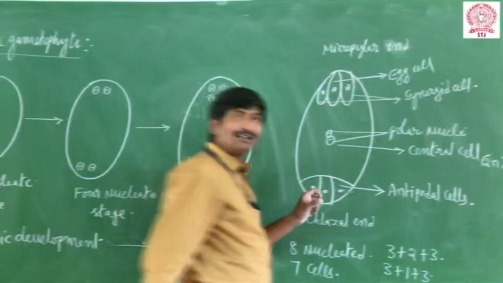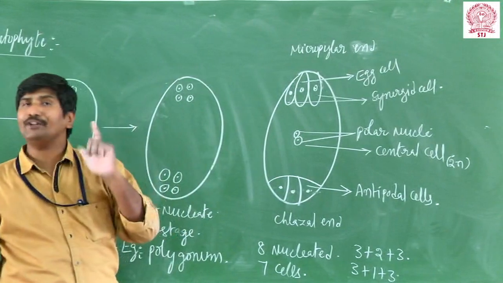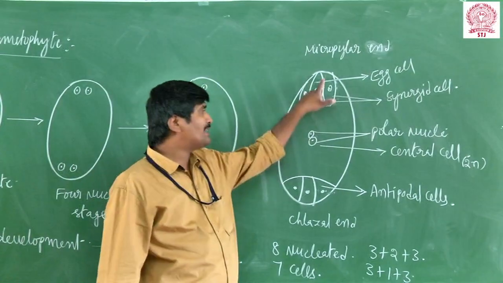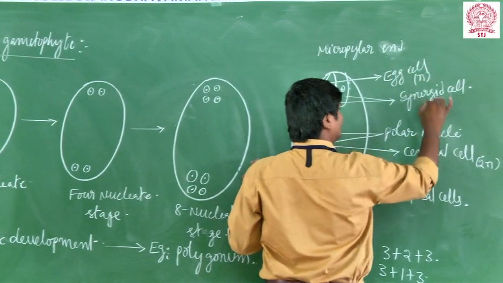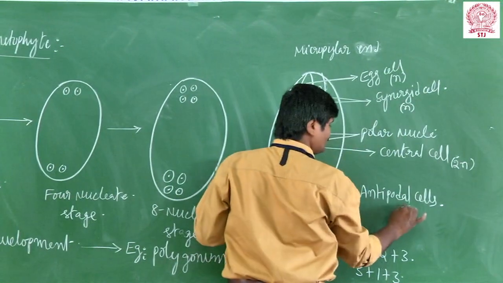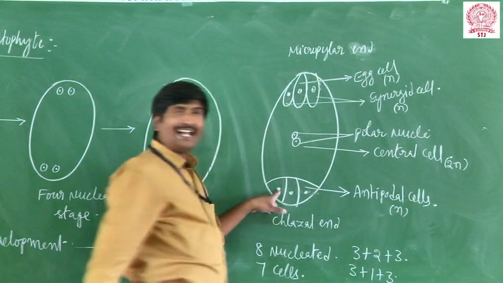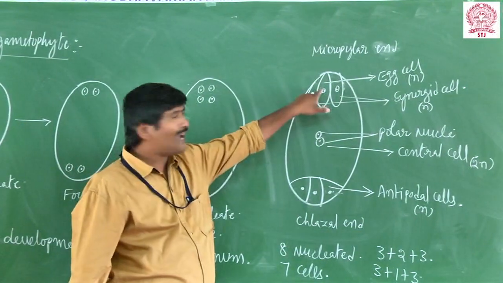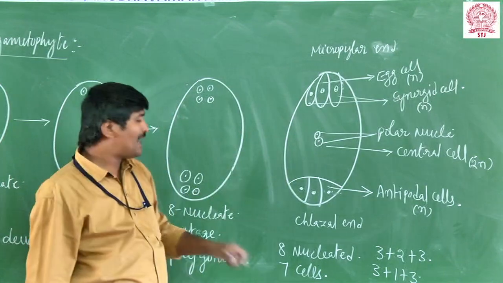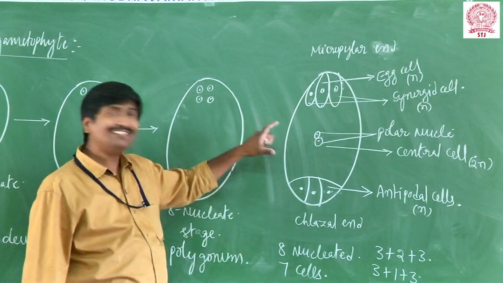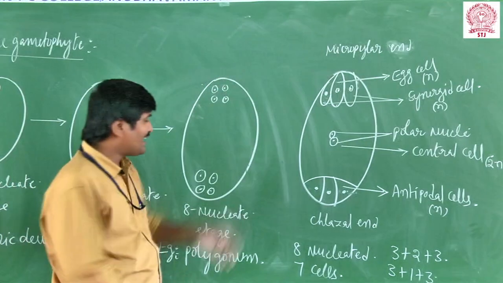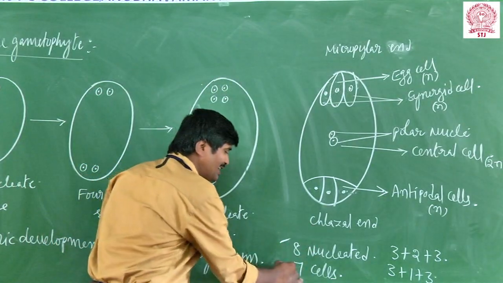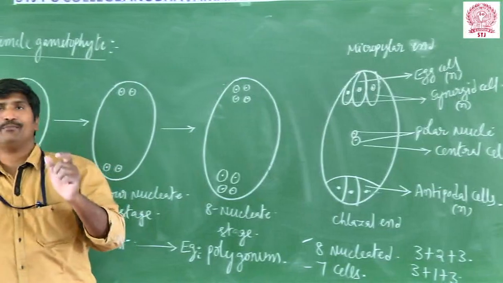The central cell contains 2 polar nuclei, that is diploid, and the remaining cells are all haploid: three antipodals haploid, egg cell haploid, and synergid cells haploid. That's why this type of embryo sac development is 8 nucleated and 7 celled.